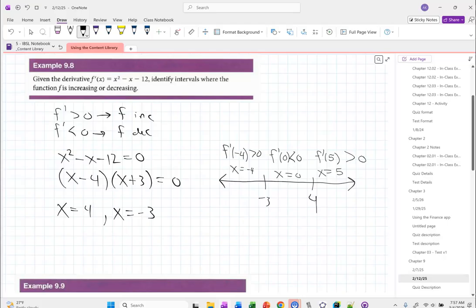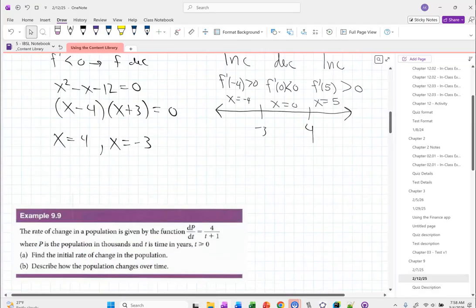Okay. So what did I see here? I see that the interval from negative infinity to negative 3 is increasing. The interval from negative 3 to 4 is decreasing. And the interval from 4 to positive infinity is increasing. Because the derivative in those sections has to be positive, negative, positive, respectively.